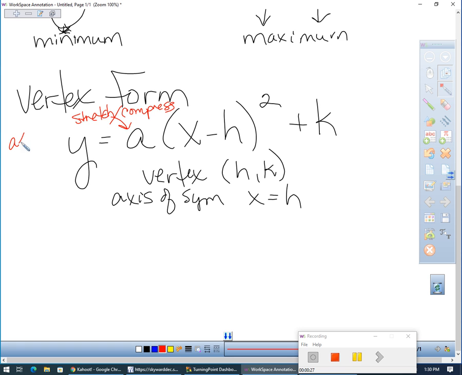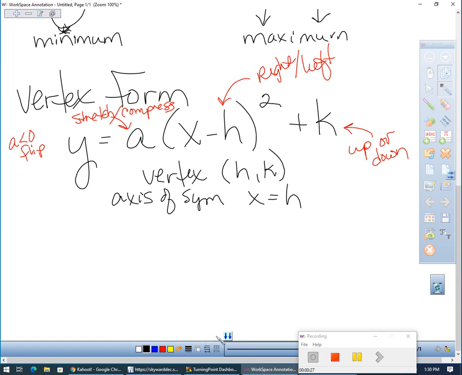So if a is less than 0, it's a flip. This h in here tells us we're going either right or left. Remember that? And this k on the end tells us we're doing what? Up or down, exactly. Okay? So there's lots of stuff we know just from this vertex form.